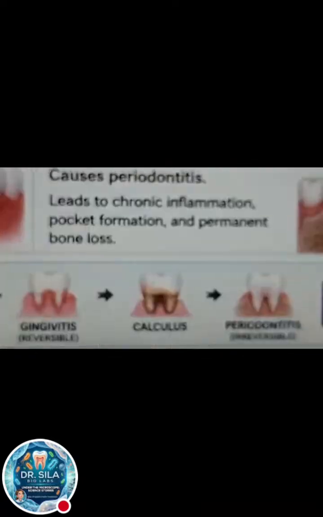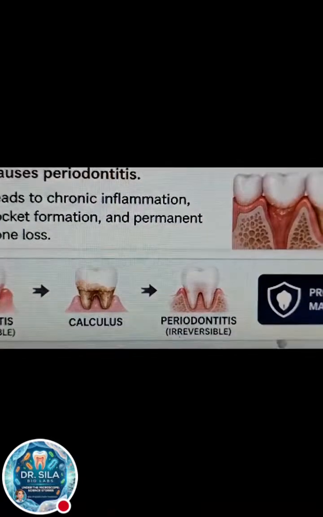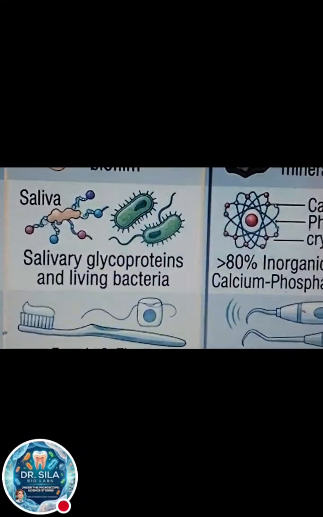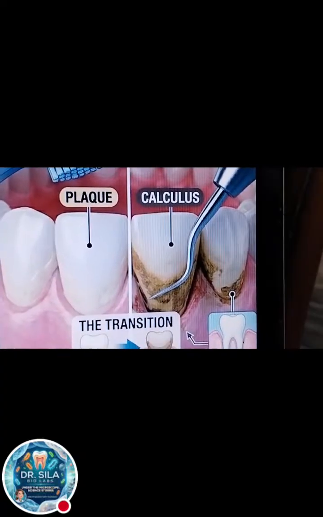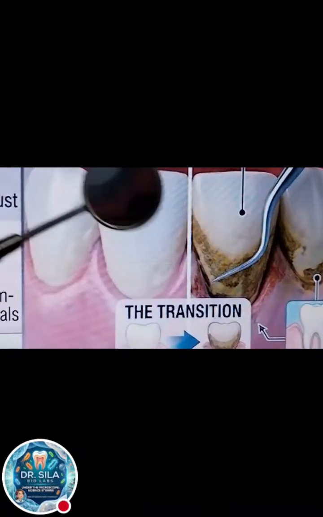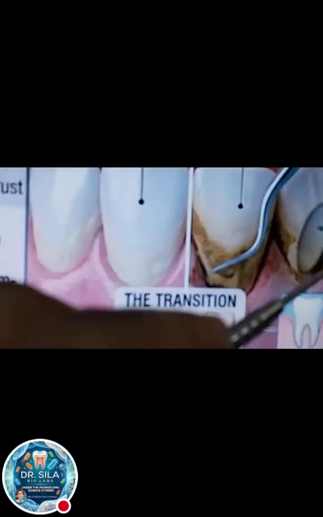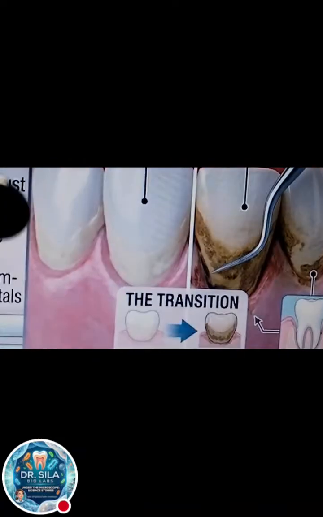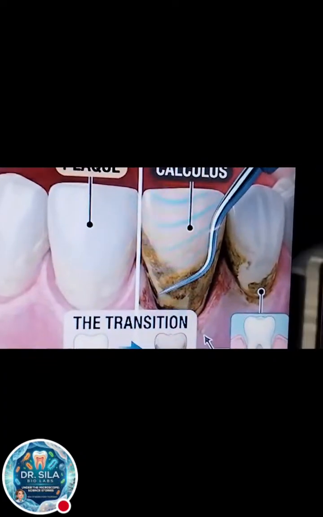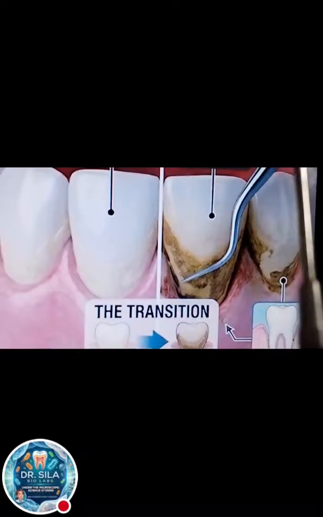Plaque, gingivitis, calculus, and then periodontitis. That is irreversible. So professional care makes the difference. So plaque versus calculus: as we discussed, plaque is soft and sticky, calculus is rock hard. Plaque has salivary proteins and living bacteria, while calculus is calcium phosphate crystals.